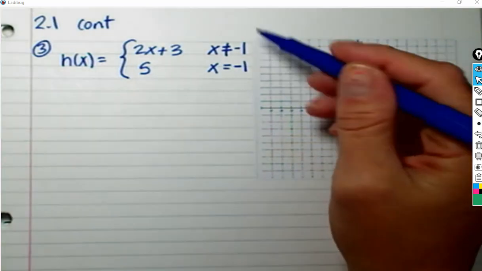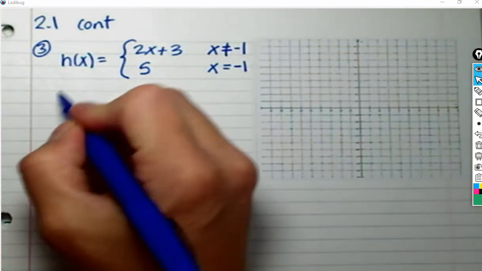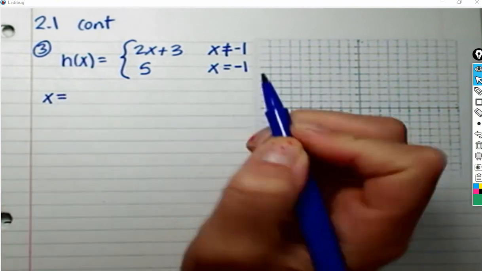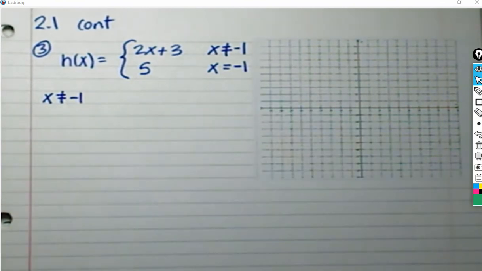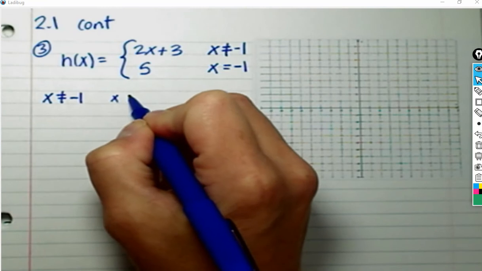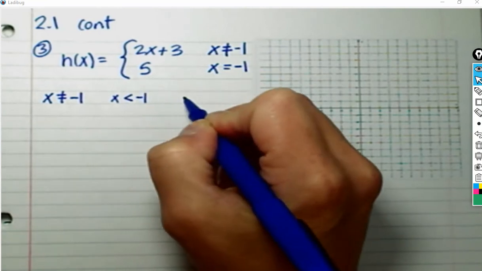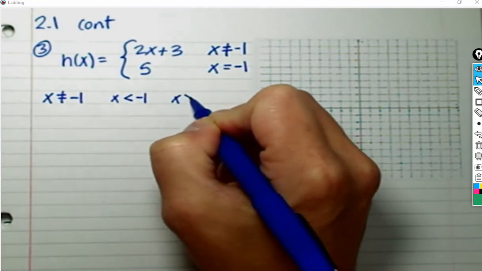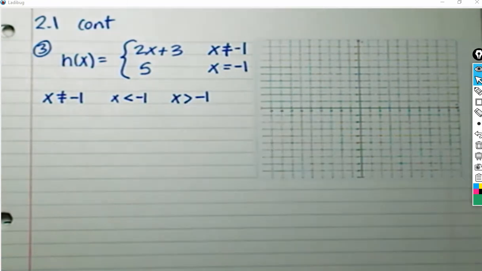I don't really have endpoints, but this part right here really means x to the left of -1 and x to the right of -1. It's everything except -1. That means that that line has to go to the left and the right.